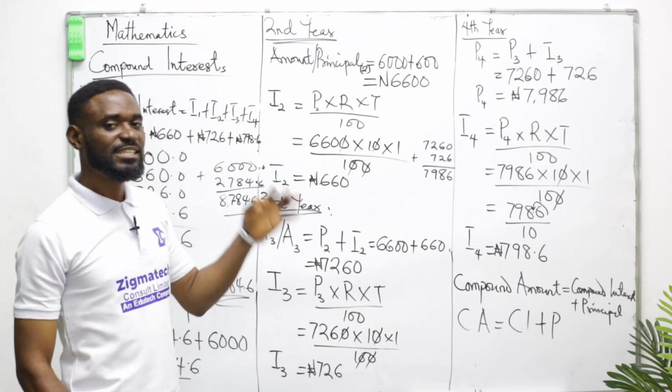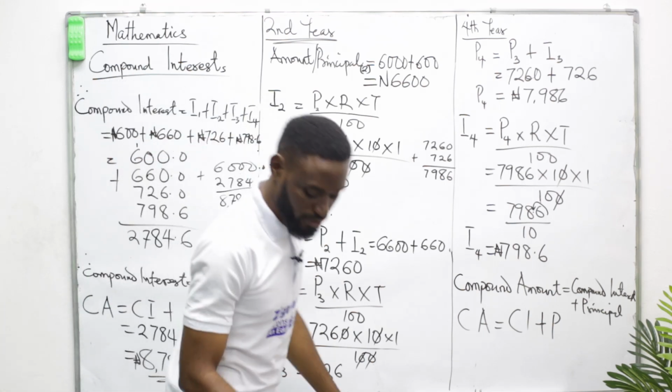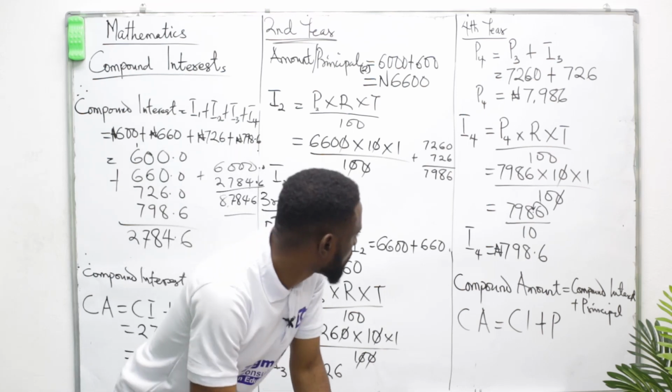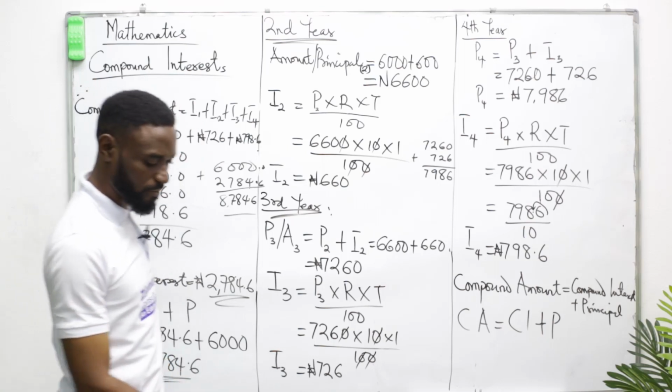That means it is the accumulation of his own money and the interest that he got from what he was asked to give. So that is how to get that from what we have just done.